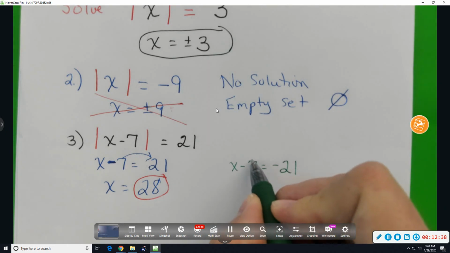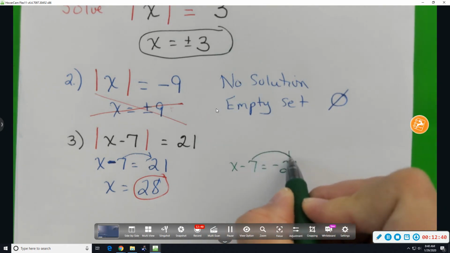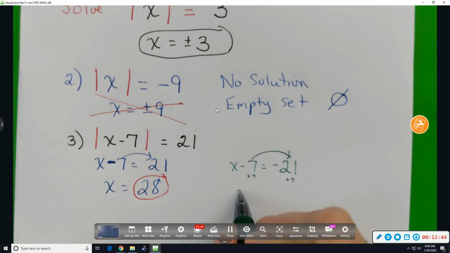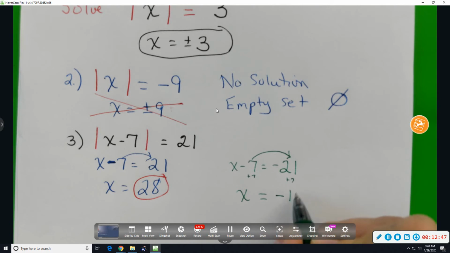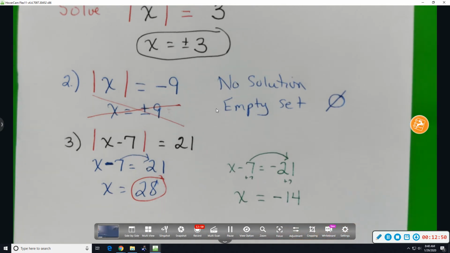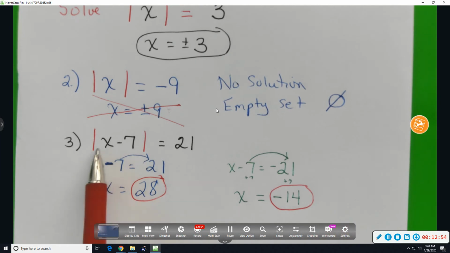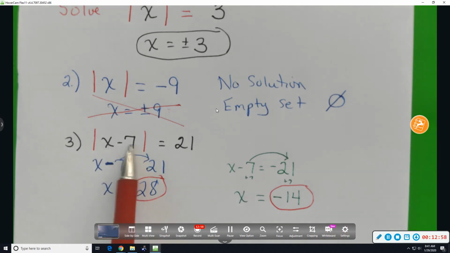Let's come over here and solve this one. I would be adding 7 to both sides. So we have x equals, say it again, negative 14 is right. And you could check it if you wanted. Negative 14 minus 7 would give you a negative 21.